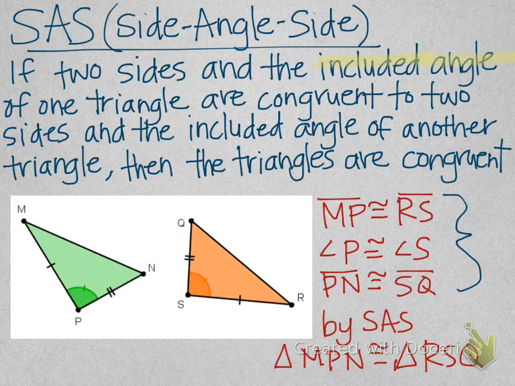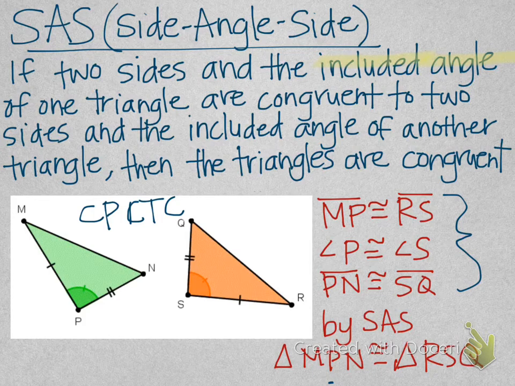Once I know the whole triangles are congruent, by CPCTC, congruent parts of congruent triangles are congruent, we can say everything else is congruent.